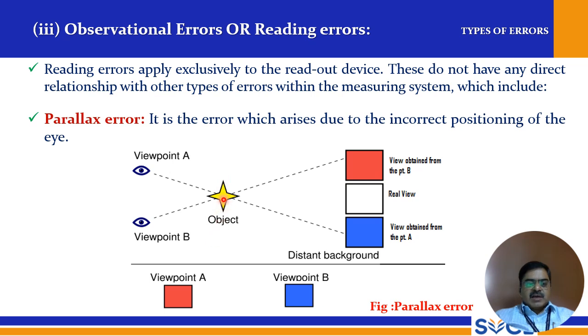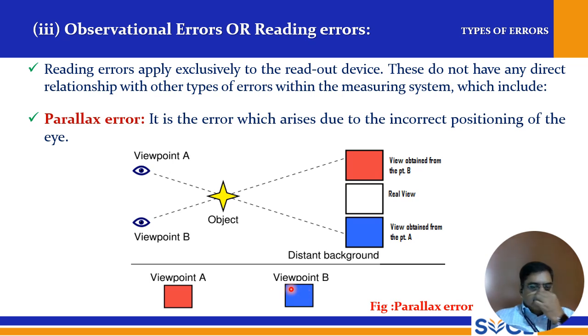So here is the object. This is the view obtained from point B. When you stand here and see this object, it will be observed as a red object. Whereas when you stand here and observe this object through this plane, it will be viewed as a blue one, right?